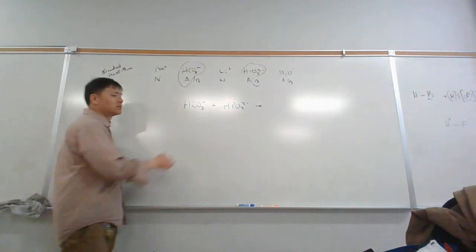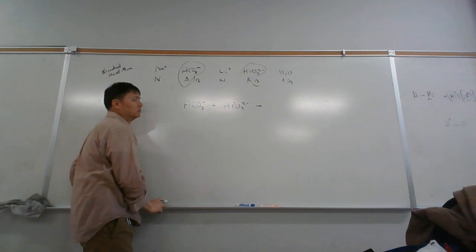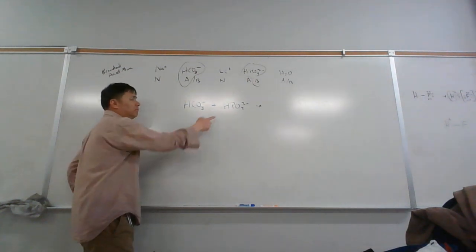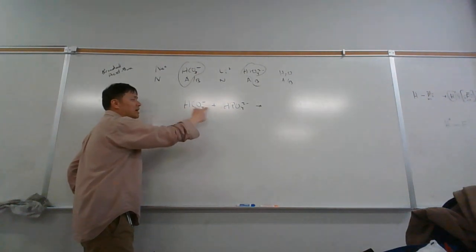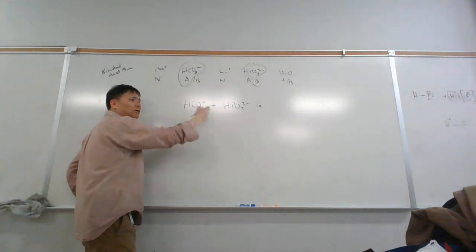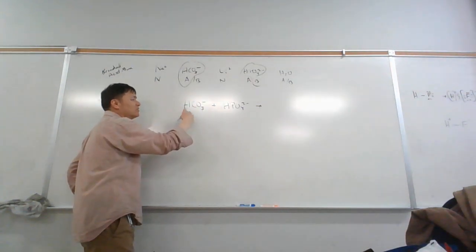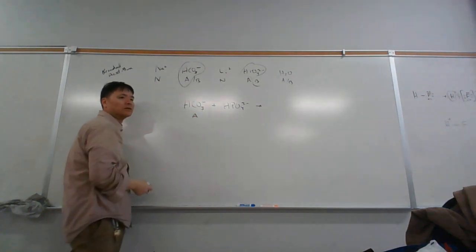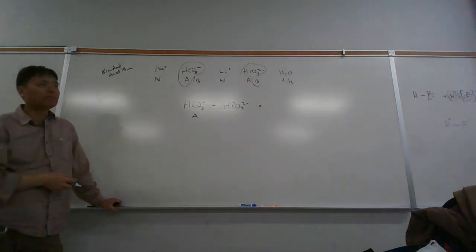The base is a proton acceptor. To make carbonic acid, it has to gain a proton. Bases gain a proton, acids lose a proton.